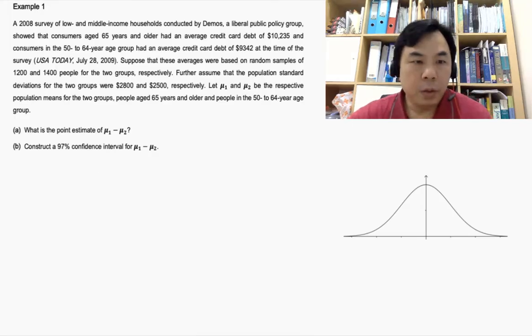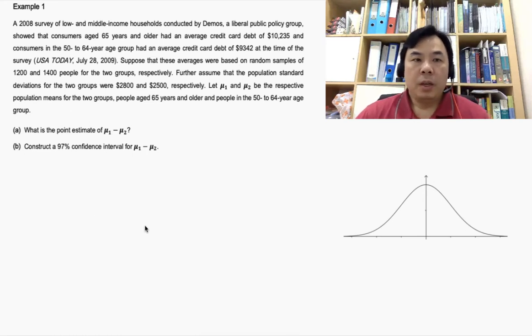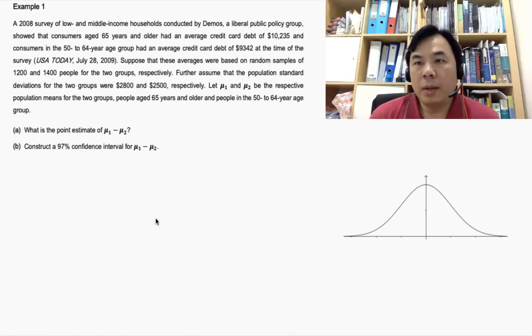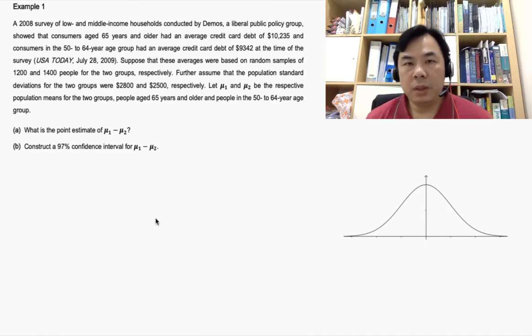All right. Let's look at example number one that involves hypothesis testing about the population means between two populations here. Right? Let's read through. We have a 2008 survey of low and middle income households conducted by this company here.